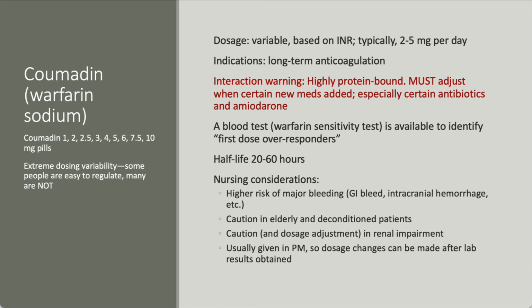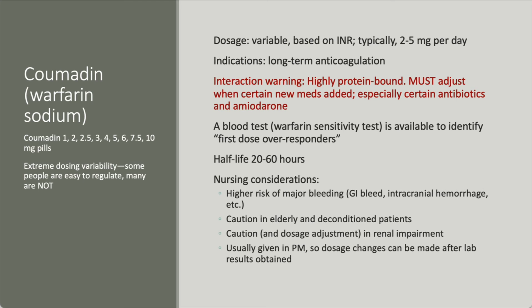There are some patients who have a particularly strong reaction to Coumadin when they first get it, and that's because of the effect on the protein C in the clotting cascade. So we have a test nowadays that will tell us if they're a hyper responder, but we actually don't use it that often.